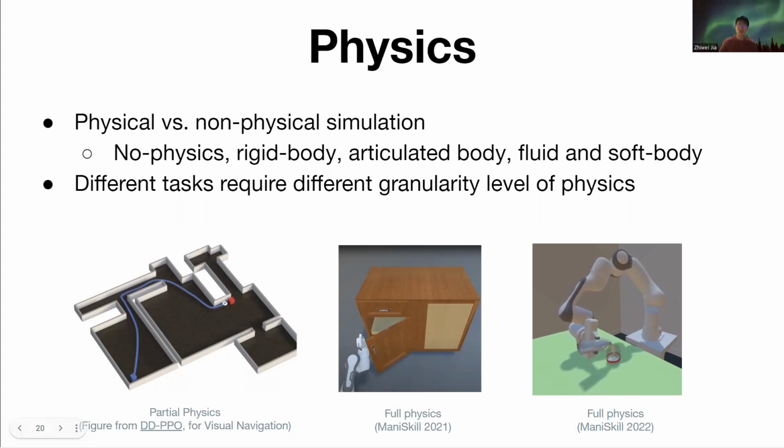For example, visual navigation usually does not require full physical simulation because there is very little interaction between objects. But on the other hand, low-level object manipulation does require physics of a much finer level. Here we give two examples of low-level object manipulation: first, opening a cabinet door, which is manipulating an articulated object, and also pouring water, which is soft body manipulation.